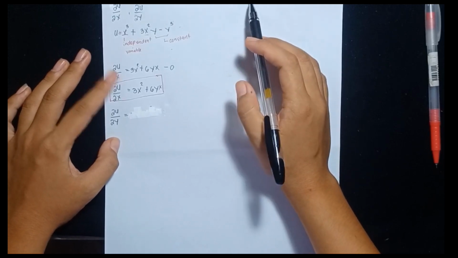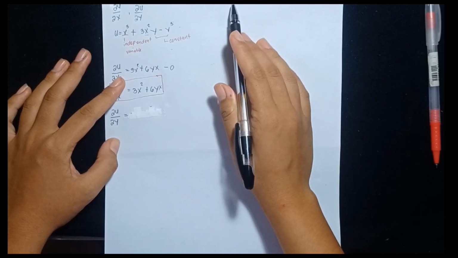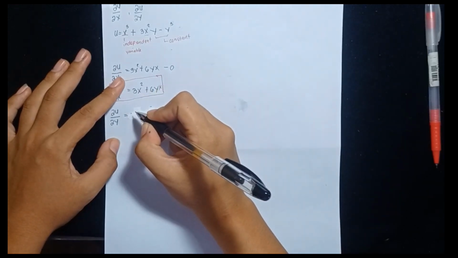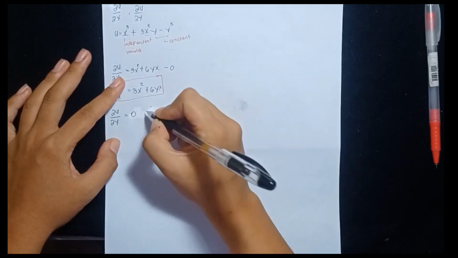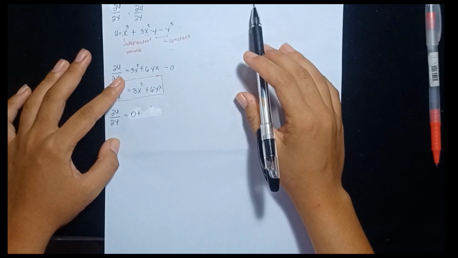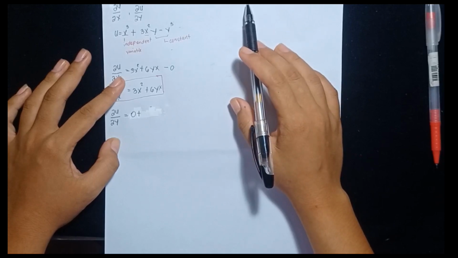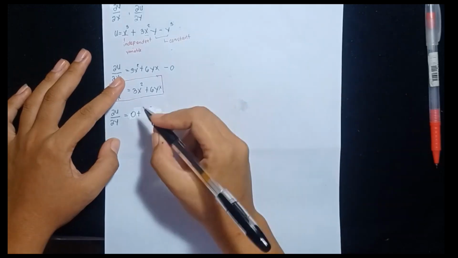Now, what is the derivative of x cubed? The derivative of x cubed is 0 because x is our constant. So it would be a 0 plus 3x squared y. As you can see, our constant here is the x squared. So the derivative of this is 3x squared.